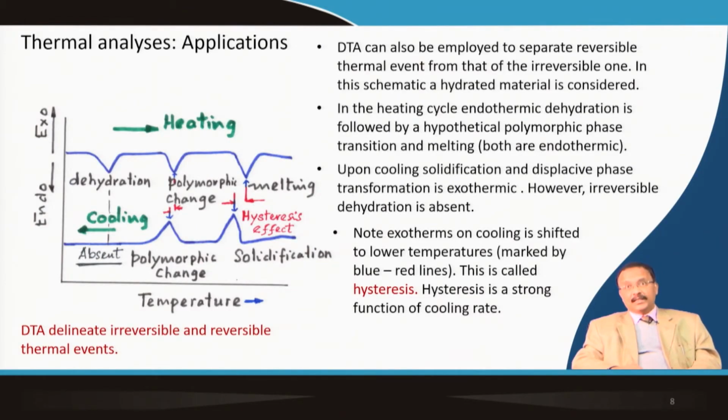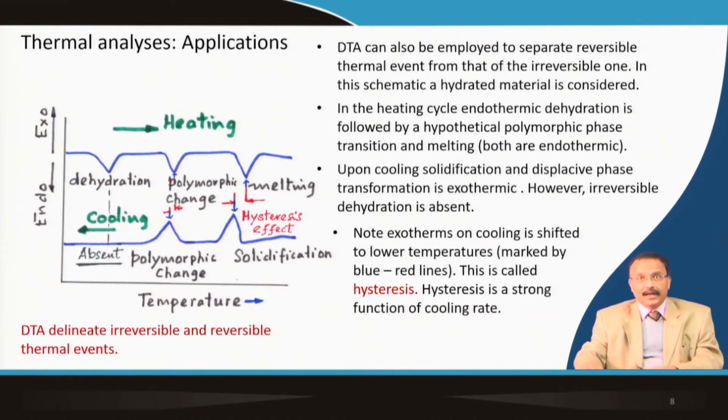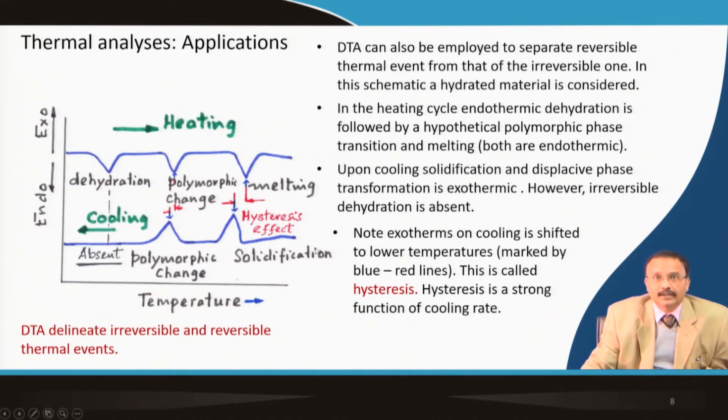In some cases it can be employed to separate the reaction which is a reversible thermal event from the one which is irreversible. In this particular schematic we have included a hydrated material. In the heating cycle you can see endothermic dehydration, then a hypothetical polymorphic phase transition.